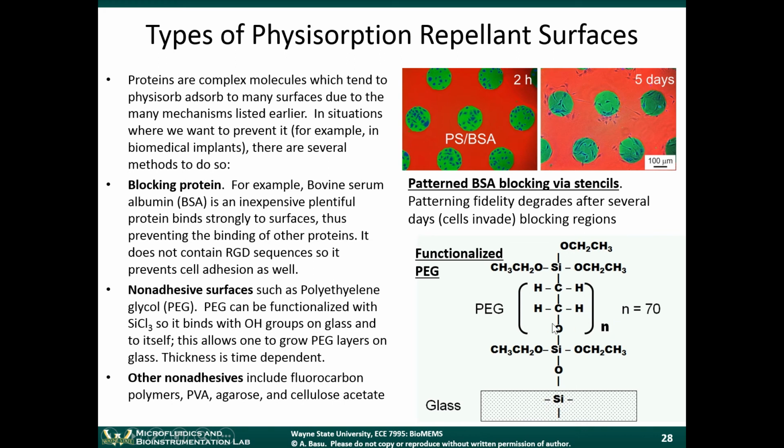In this case, it's N equals 70. The length of the molecule does confer some of its non-adhesive properties. If you coat something with PEG, proteins and cells will not attach to it. It's a very good repellent background. So I mentioned that in some implants you want to avoid proteins and cells from attaching.